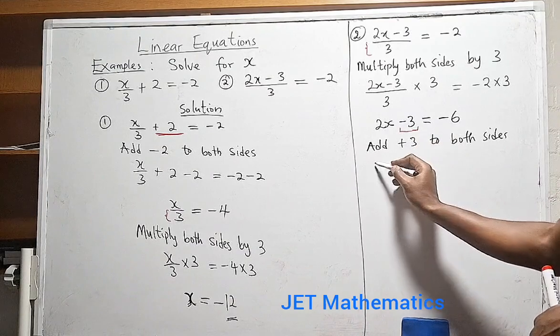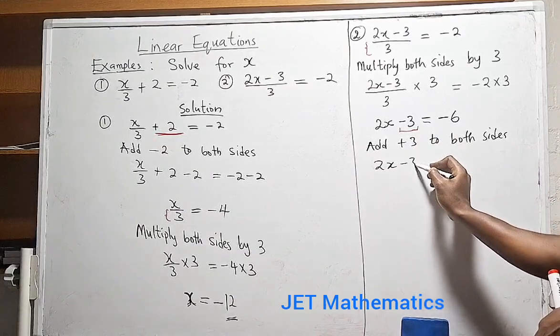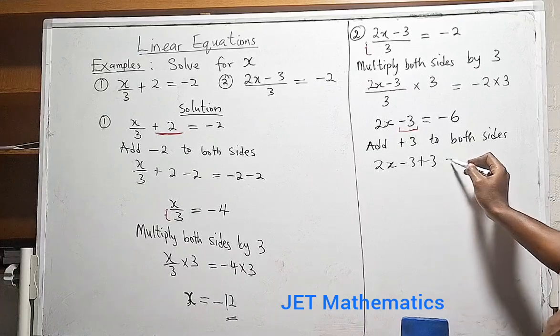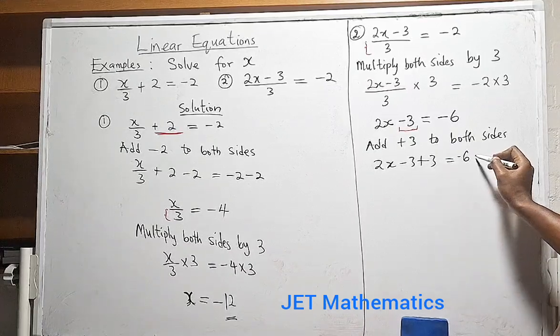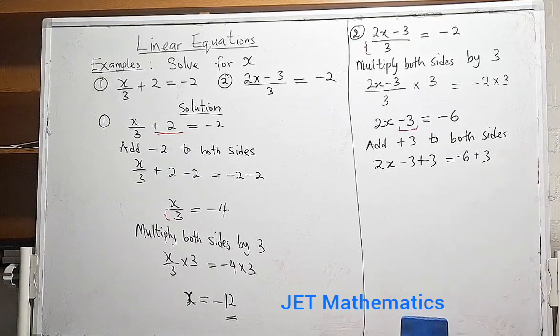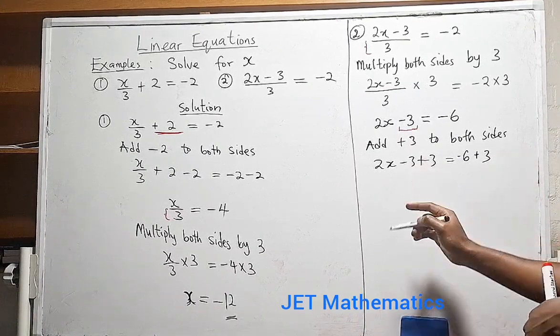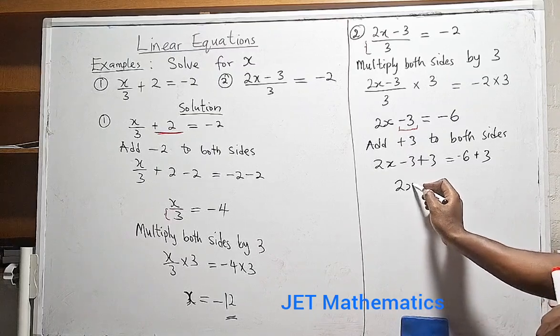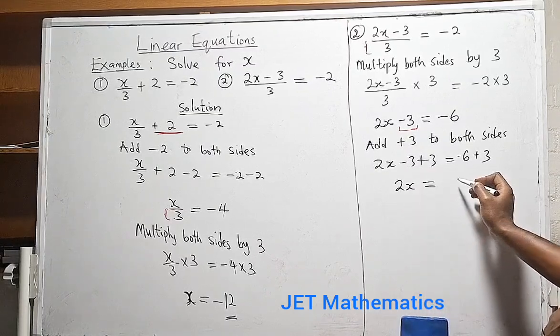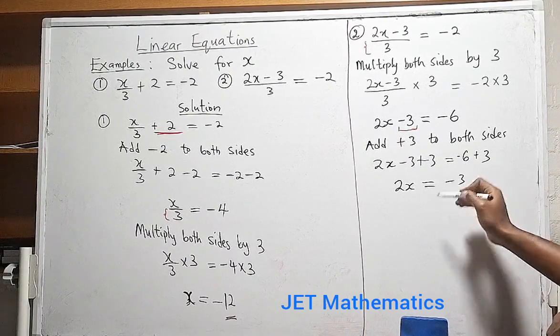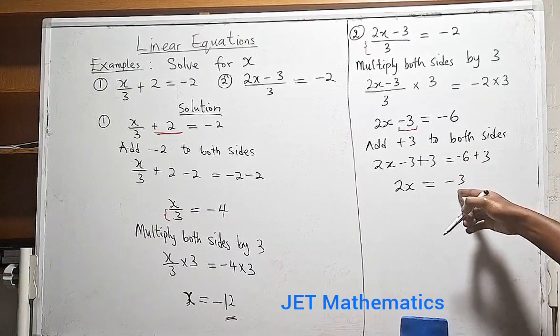So when we add plus 3, we're going to have 2x minus 3 plus 3 is equal to minus 6 plus 3. So minus 3 plus 3 is 0, so we're left here with 2x equal to minus 3. So minus 6 plus 3 is minus 3.